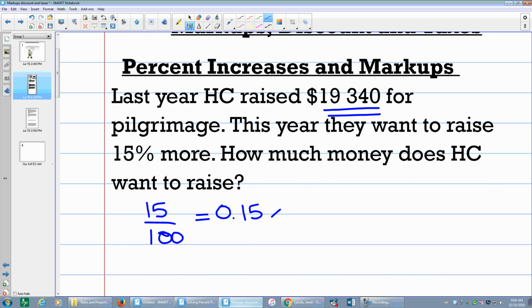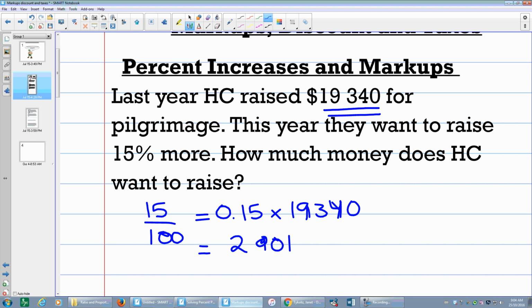So I'm going to multiply that by $19,340. You should be plugging that into your calculators because hopefully you have your calculators on your desks. And you should get $2,901.